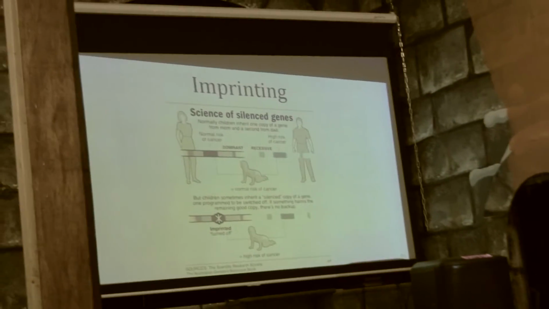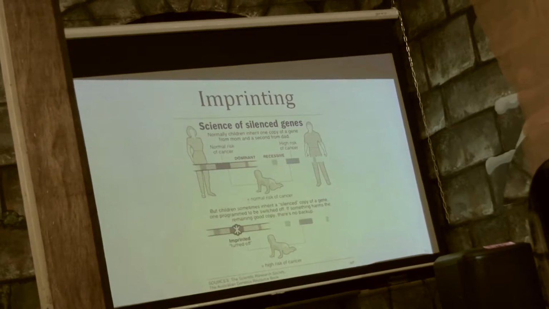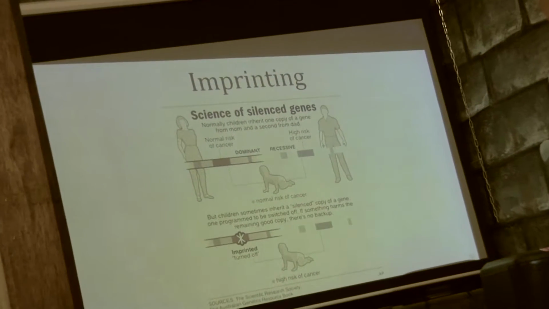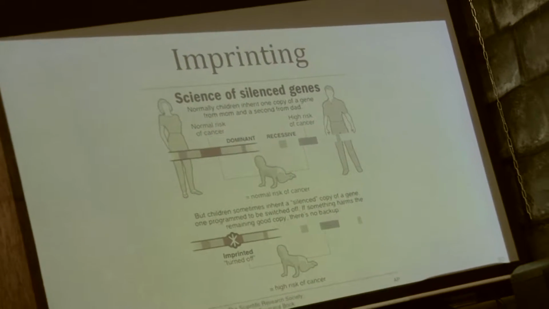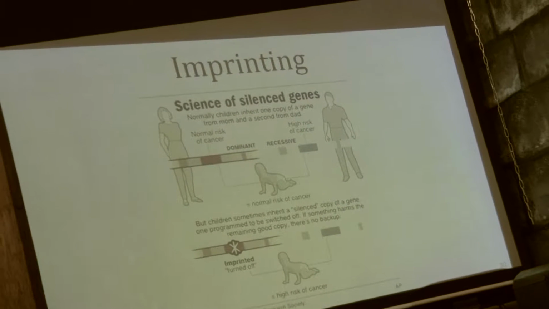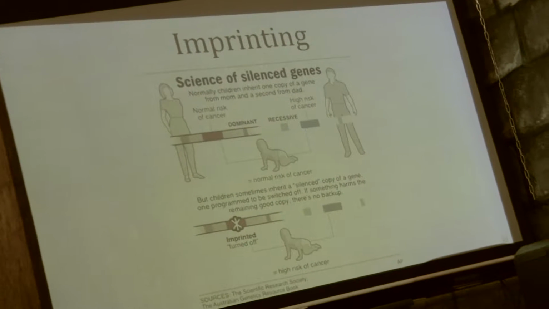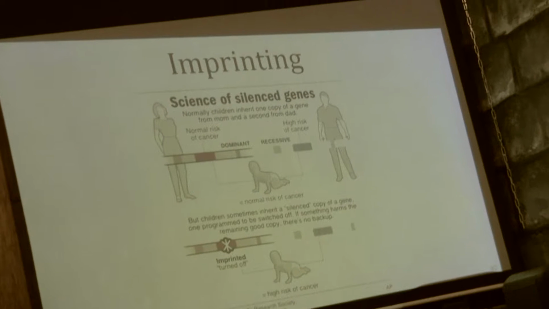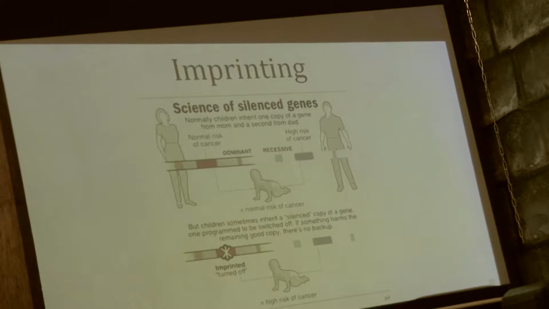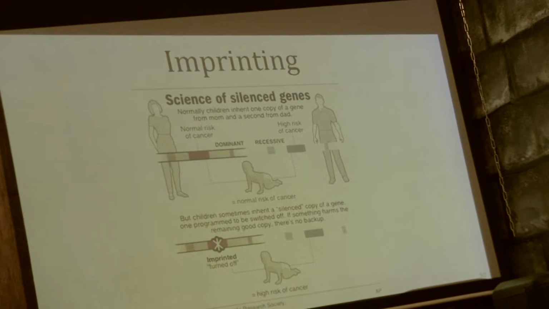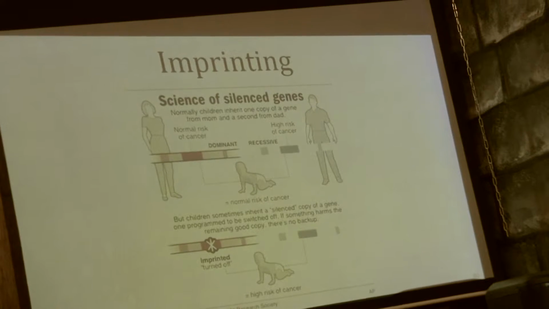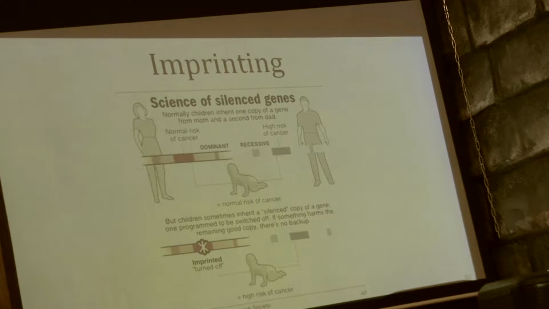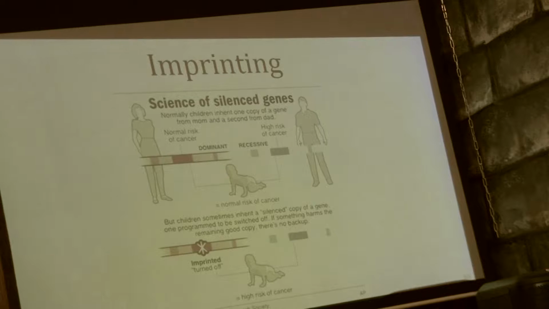This happens partly through what's called imprinting. So the DNA methylation imprints on the germ-line cells, i.e. the ovary and sperm. And then this can turn on and off genes that then get passed down. In this example here, actually the one that got turned off is the one that would prevent cancer.